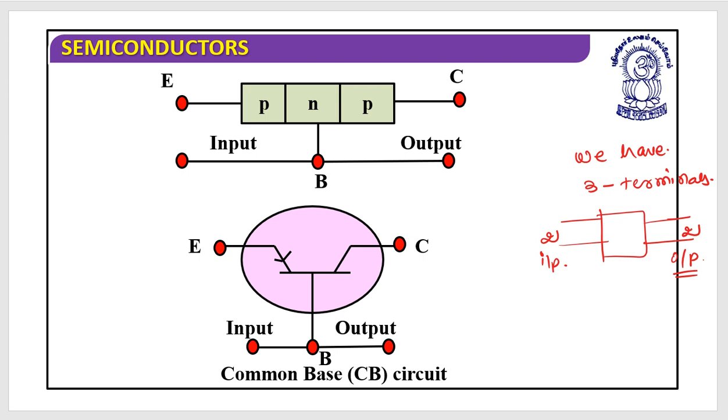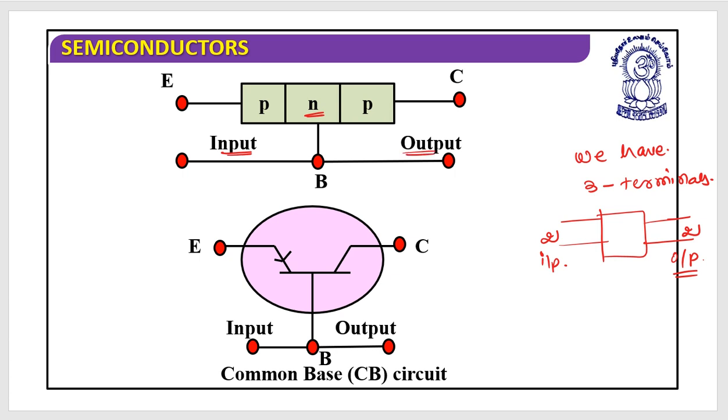What we have decided is that we are going to keep any one of the terminals as common, and when I say common, that means it will be on the input side as well as on the output side. So this is the common base configuration, where you can see the base is common to both.